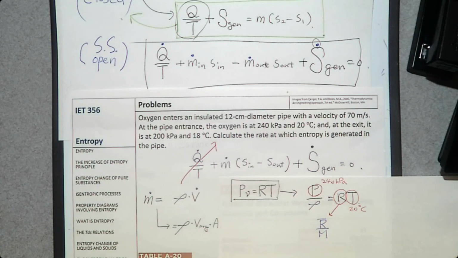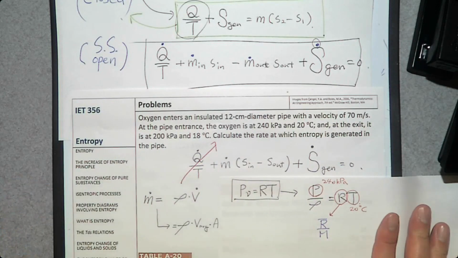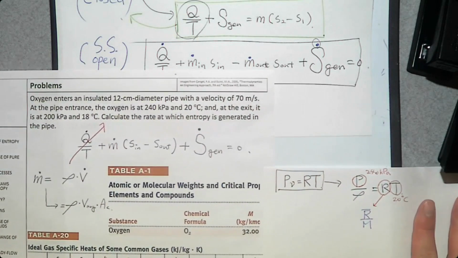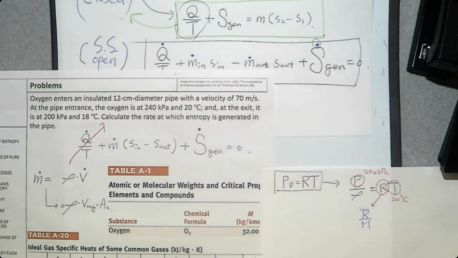This is the molecular weight of this oxygen. Where can you find this M? From table A1. Oxygen's molecular weight is 32 kilogram per kilomole.